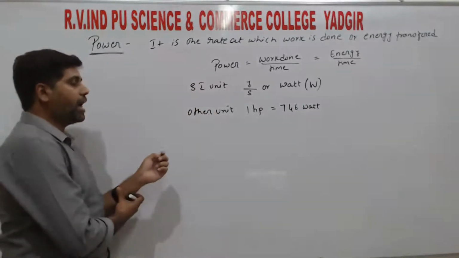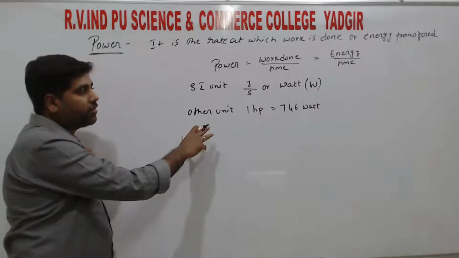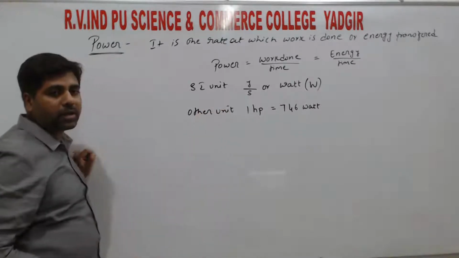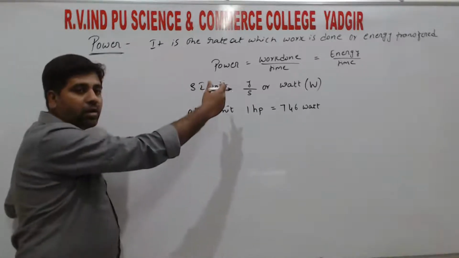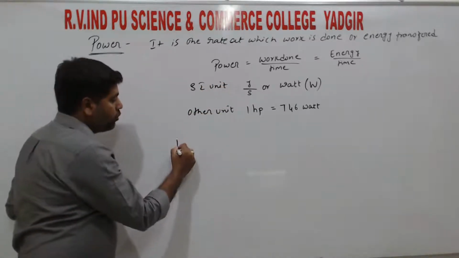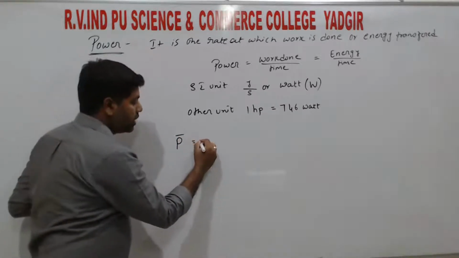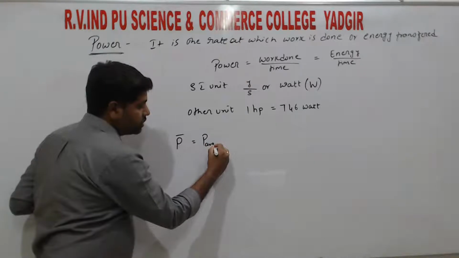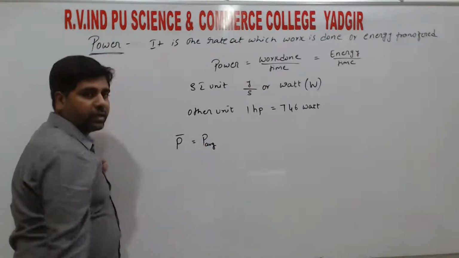So we have two types of power. One is average power, because if the force is equal, the distance also keeps being different with respect to time. So as time changes, work done also keeps changing. So average power is denoted by P bar, or P with suffix avg.